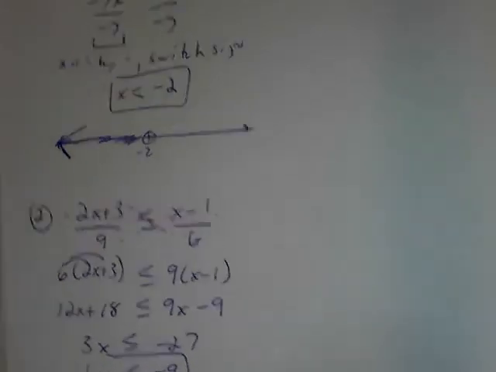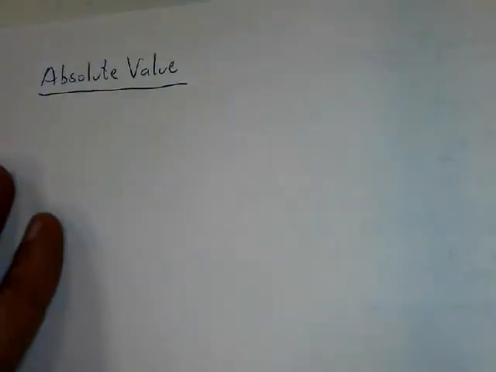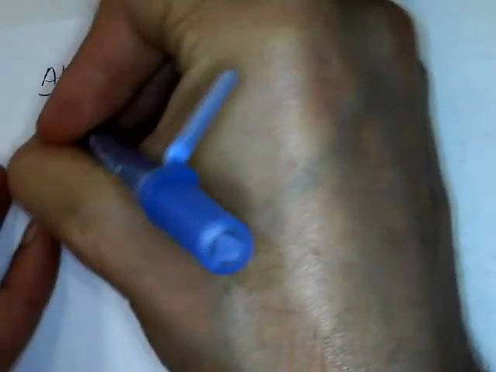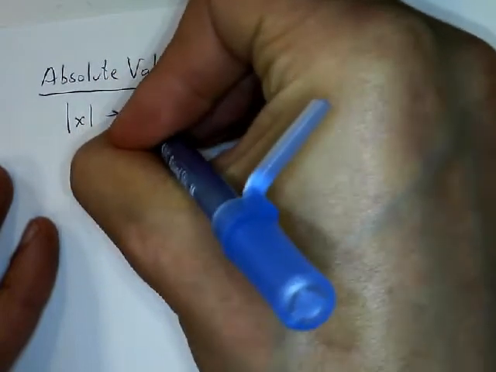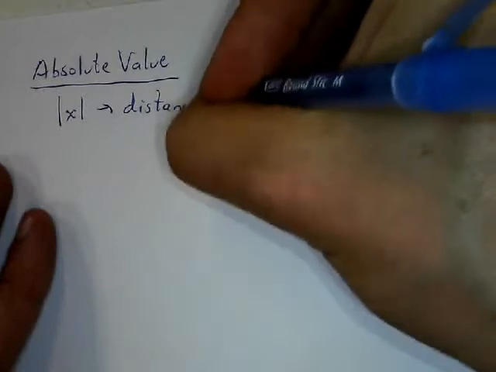The last thing I would like to review is absolute value. The absolute value of a number represents the distance from x to 0.